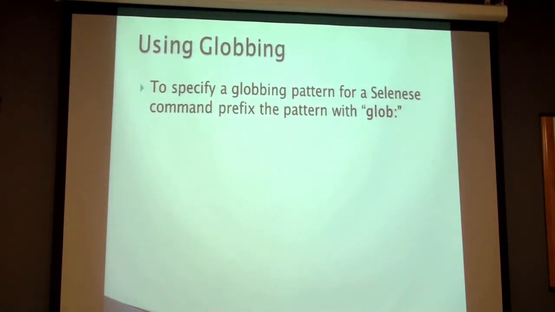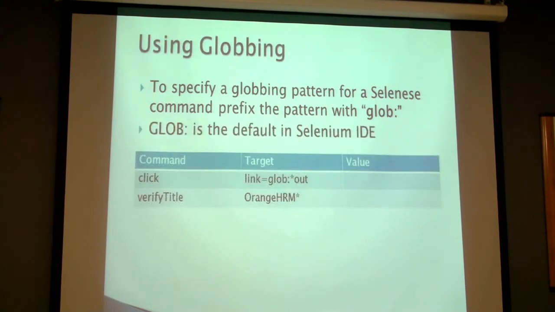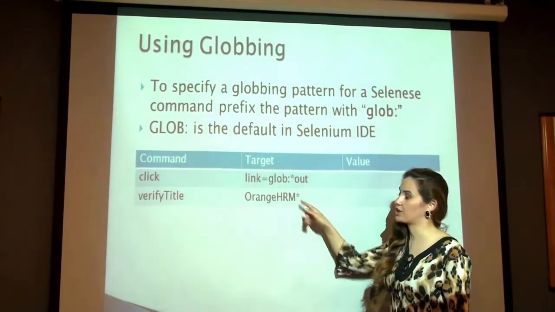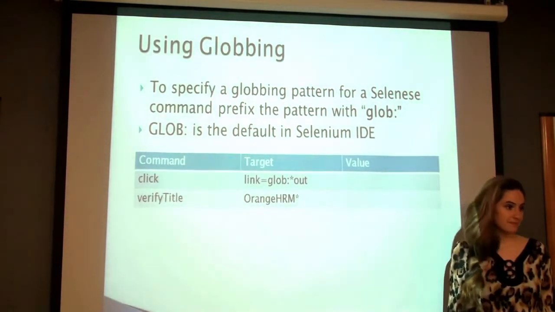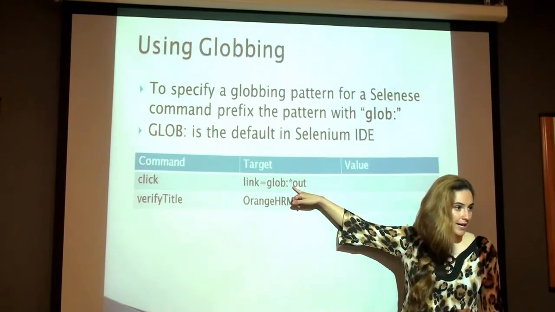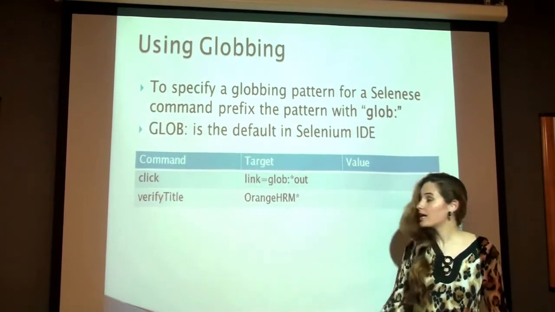How do you use globbing? Well, if you're a stickler for protocol, you can technically append glob to whatever globbing that you do, to make sure everybody understands you are intending to match something, but you don't have to. It's the default. So you can either say something like this, glob, star out, or you can just say star. In this case, it will match get out, log out, whatever.